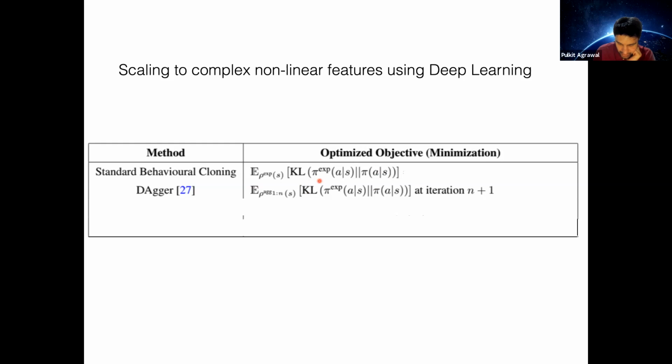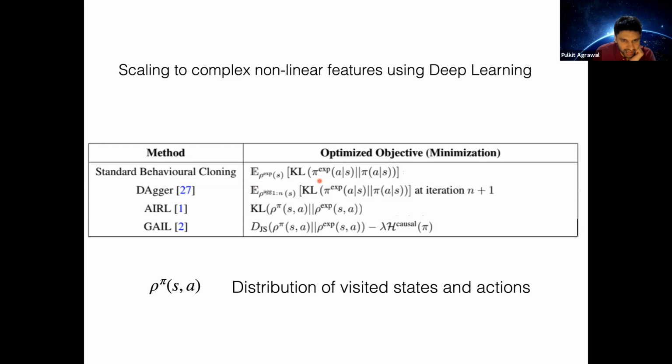Now, for a lot of deep IRL methods, GAIL and AIRL are examples of that, what you'll see is they are optimizing the reverse KL. So where I'm trying to match the feature distribution, where rho is the distribution of visited states and actions.